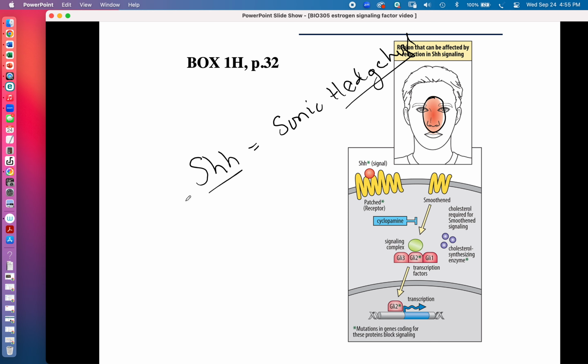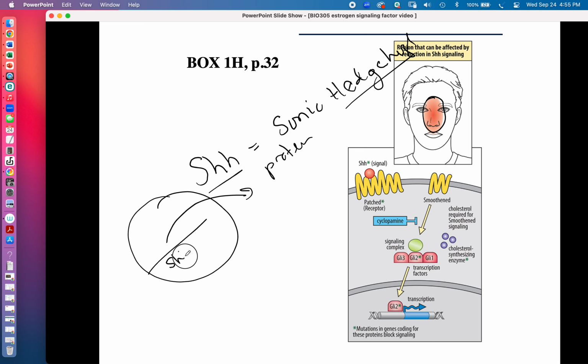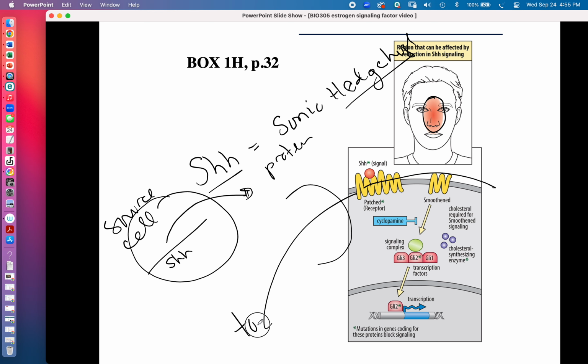It's in our first chapter, but you don't have to memorize this. Just notice that sonic hedgehog would be made in a source cell. Sonic hedgehog's a protein, so in this case, there's a sonic hedgehog that must get activated in this source cell. And the source cell must be right here because it's a local paracrine signaling factor, and it's going to float a little ways away and bind to this target cell. So again, we don't talk much about the source cells, but it's good to know that they're there.